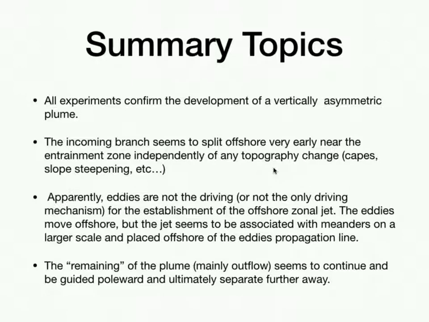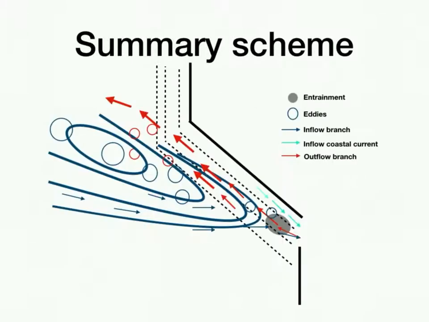So at least at this moment, it looks like a different process. And it also seems clear that the remaining part of the plume, the outflow, continues to flow poleward along the margin, and will ultimately separate at the northern point, either by eddies or any other process.